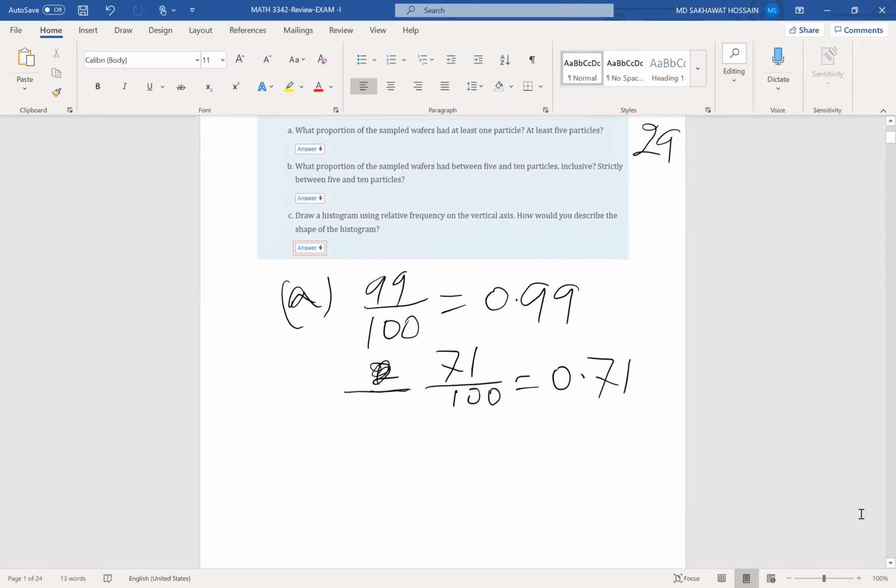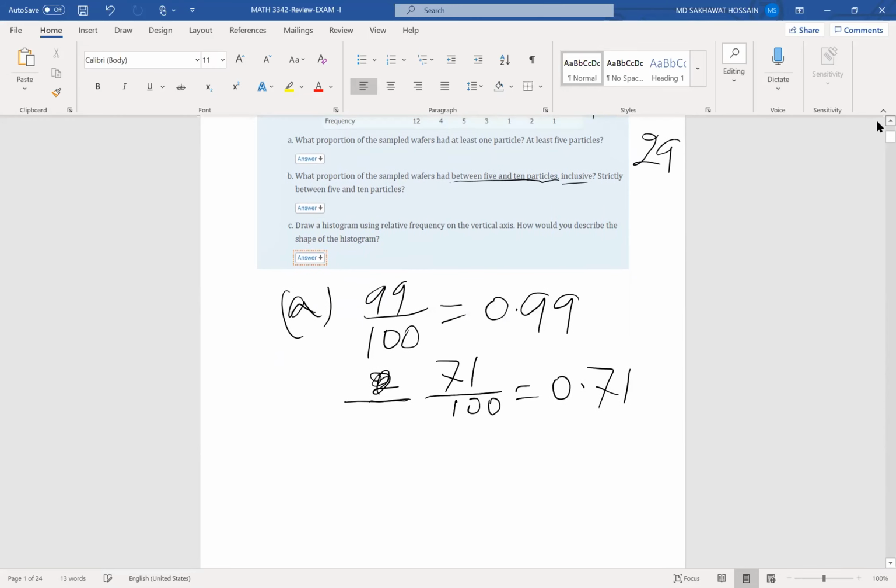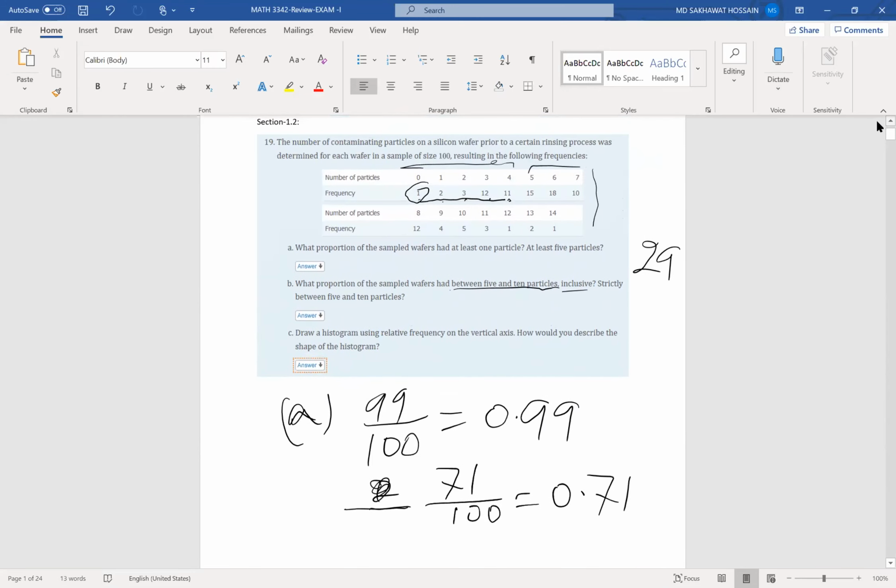Okay, so part B is, what proportion of the sampled wafers had between 5 and 10 particles inclusive? So between 5 and 10 particles, and they are inclusive. Inclusive means we also have to consider the frequency for 5 and 10 as well. So you have to add the frequency from 5 to 10.